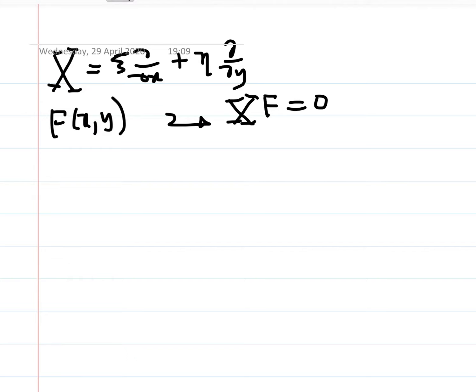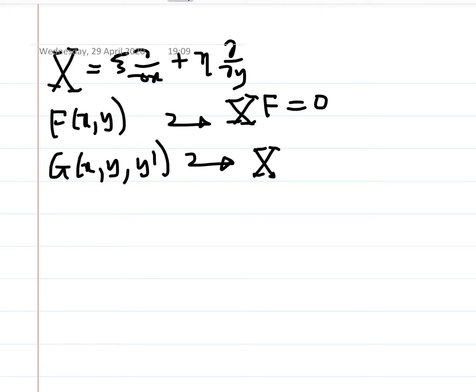If we want all the functions of x, y and y dashed, then those that are invariant under X satisfy the vector field X prolonged on G equal to 0.